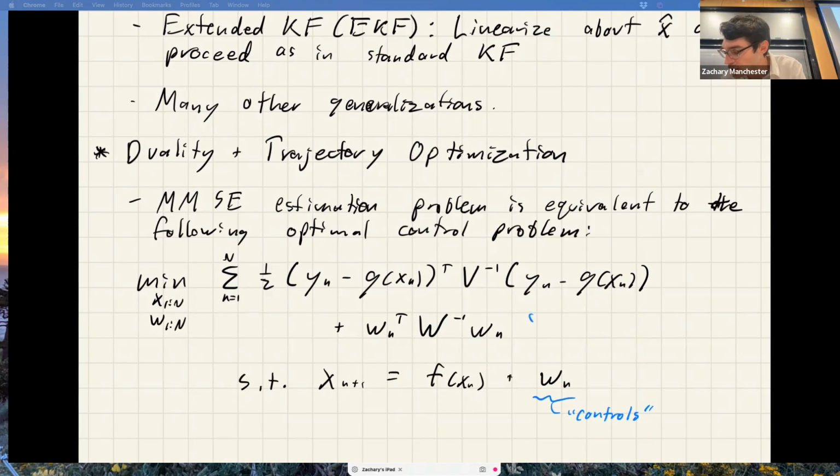This looks exactly like my quadratic control cost in LQR, like u transpose R u. I should have a 1/2 on there, I guess. My R matrix becomes the inverse covariance of my process noise. But this looks like my control cost, and then this looks like a state cost.